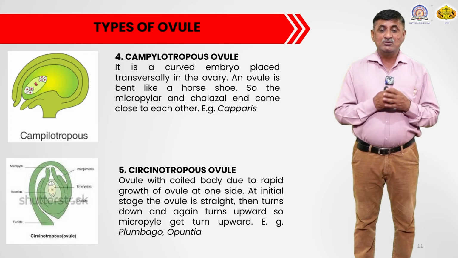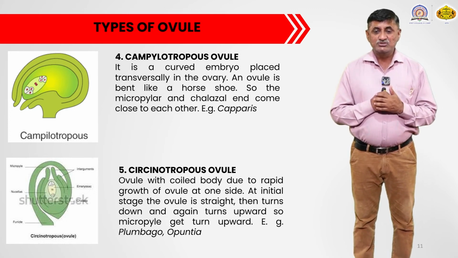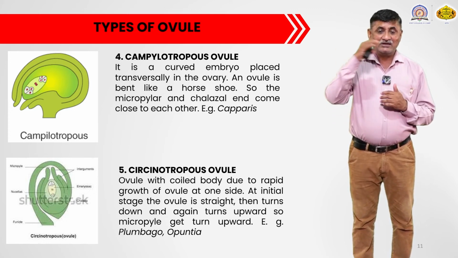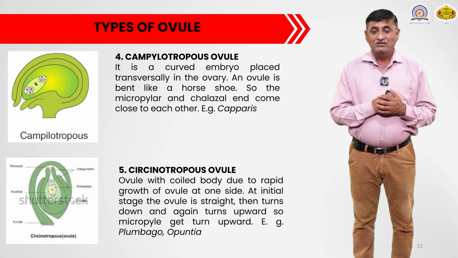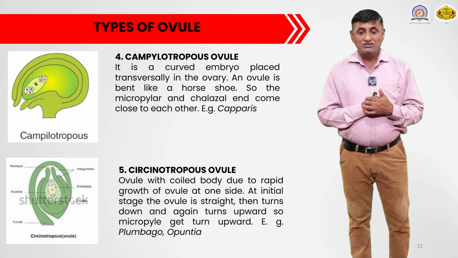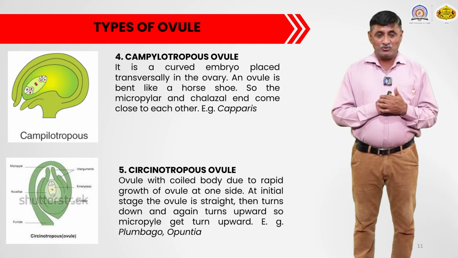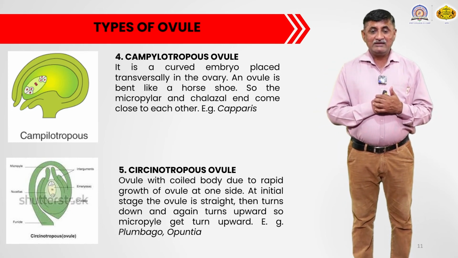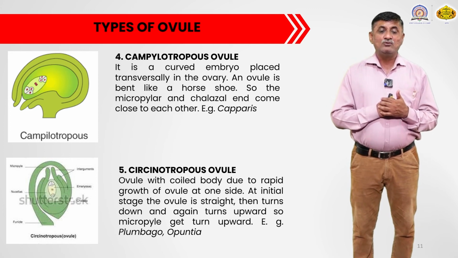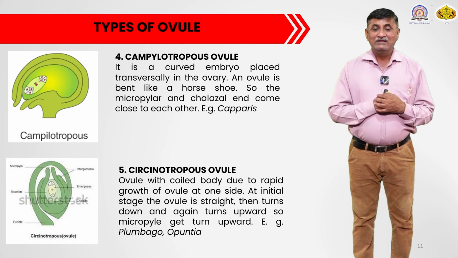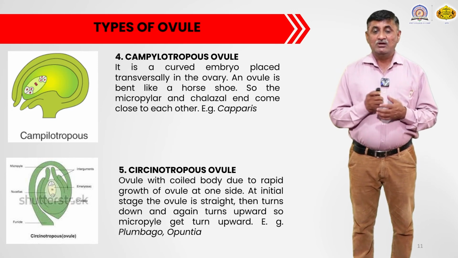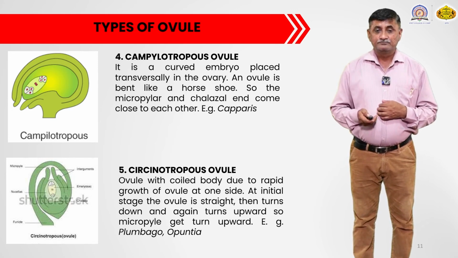At the initial stage the ovule is in a straight position, then it turns down, and again it turns in the upward direction. So the micropyle turns upward again. Examples are Plumbago or Opuntia. So this is a Circinotropous kind of ovule.